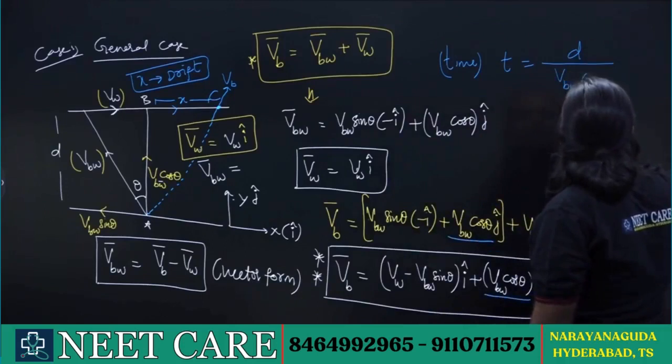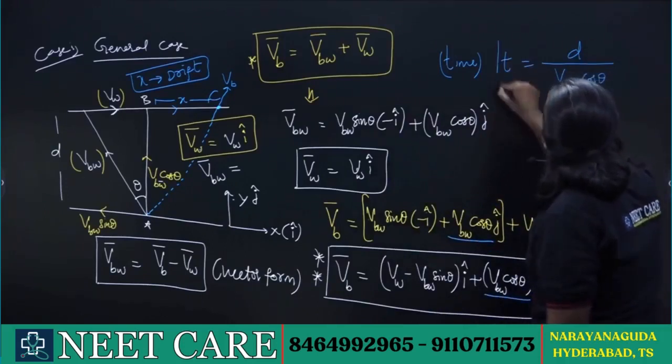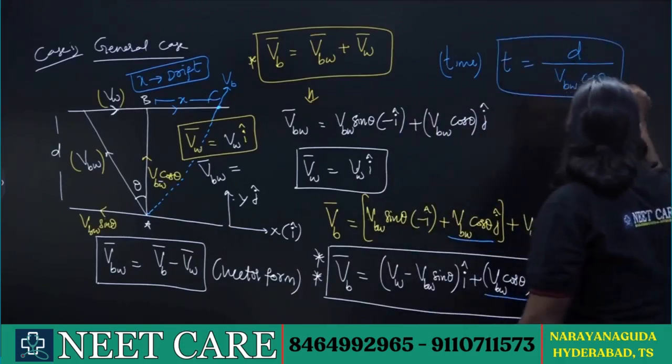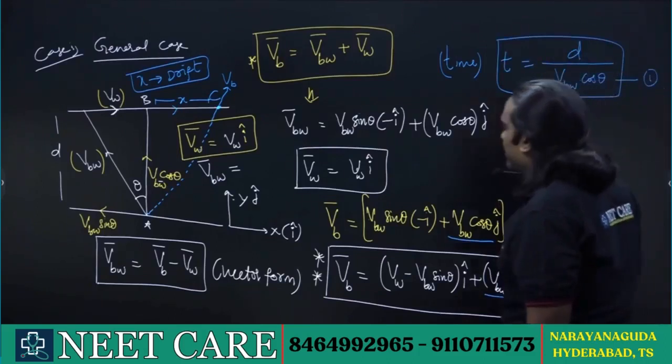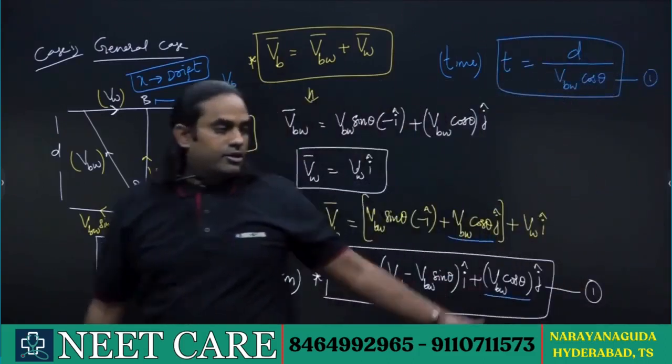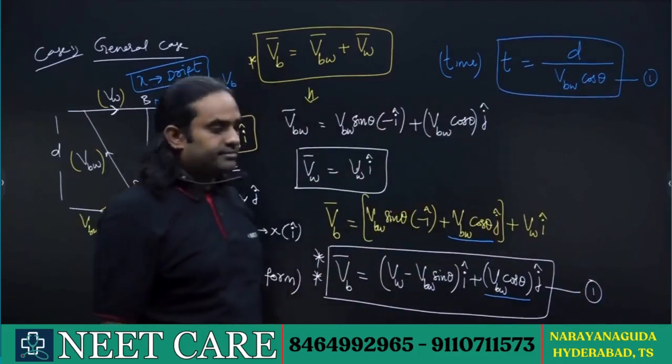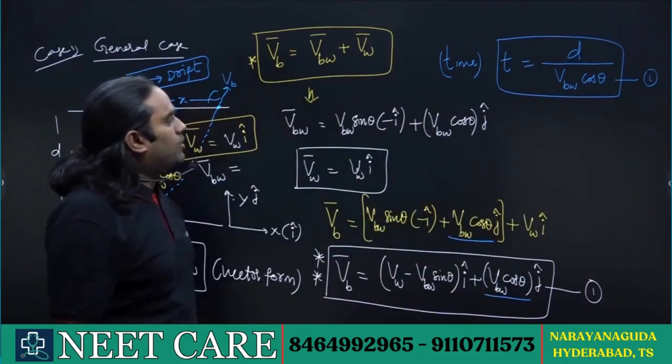That's it. This is a way of calculating the time. If you were asked what is the time taken by the boat to cross the river, you will use this formula directly. Time taken by the boat to cross the river is d by VBW cos theta.